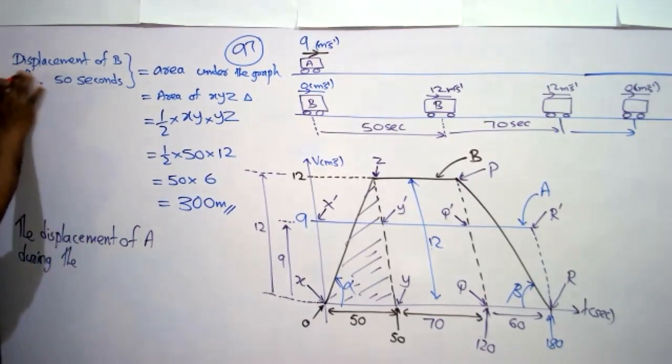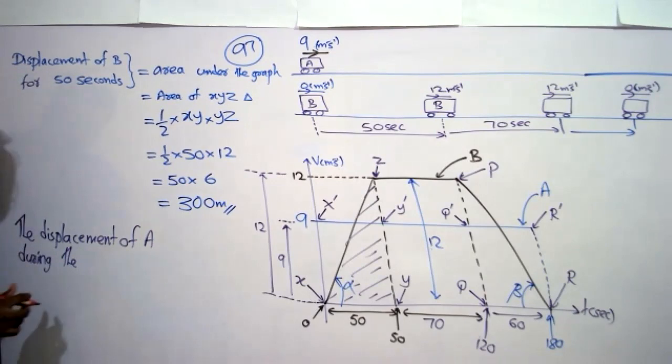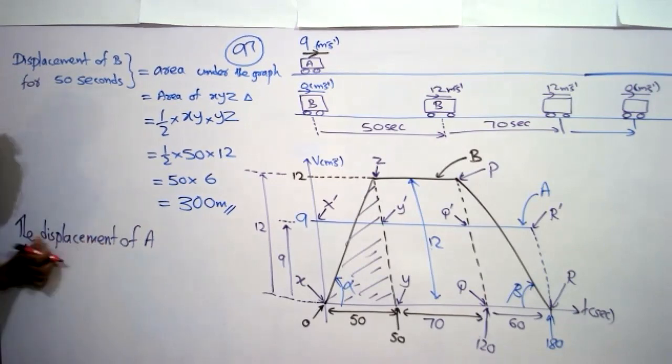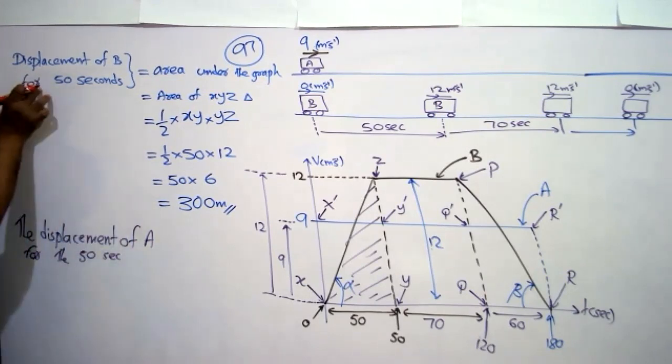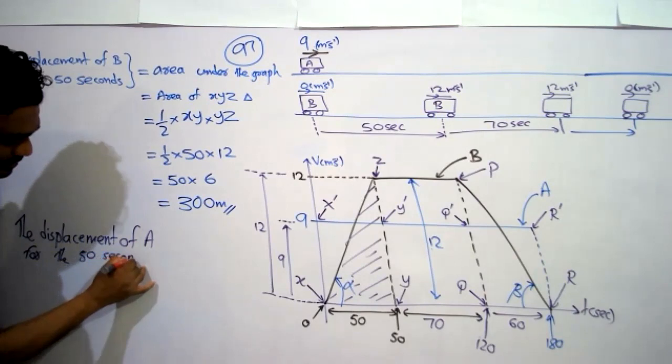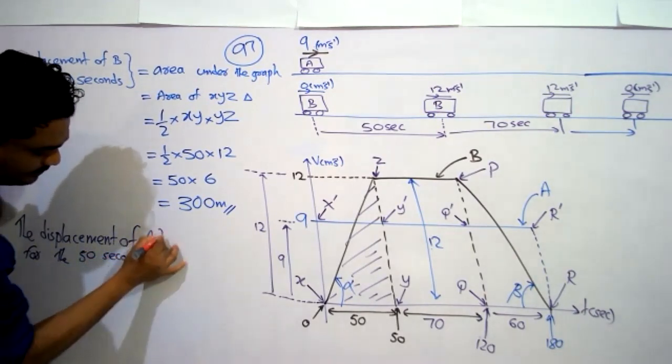Not after, sorry. Displacement of B was not after; so displacement of A for the 50 seconds. This is not after, this is for 50 seconds. How do you find it here?